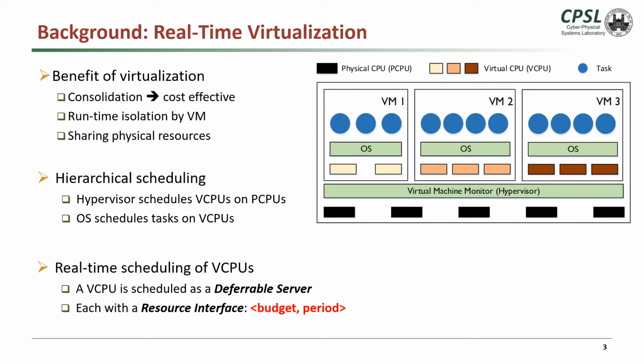In real-time scheduling, a vCPU is scheduled as a deferrable server, where each has a resource interface with two parameters, budget and period.